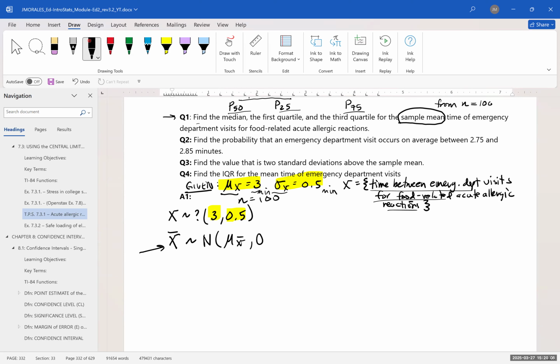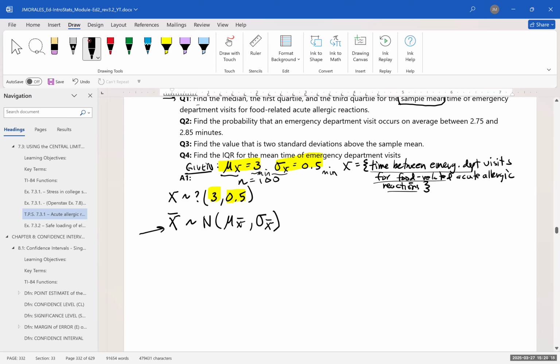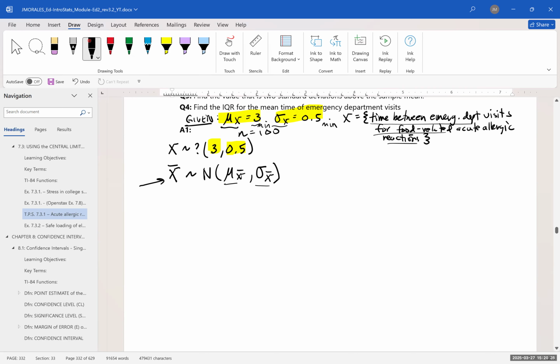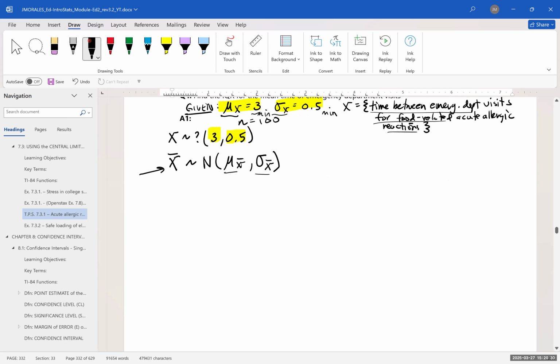We need to figure out what the mean and standard deviation are for our distribution of sample means, because only by knowing these things can we have the parameters we need for each of these different percentiles.